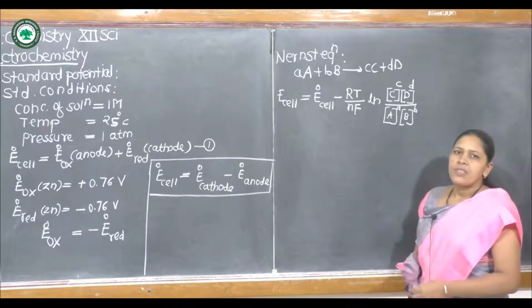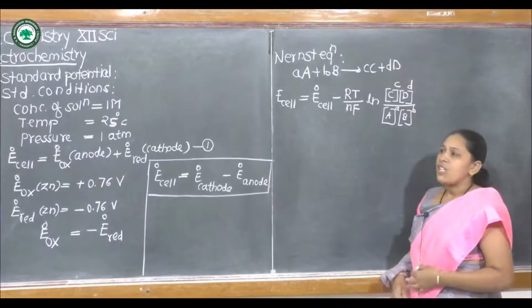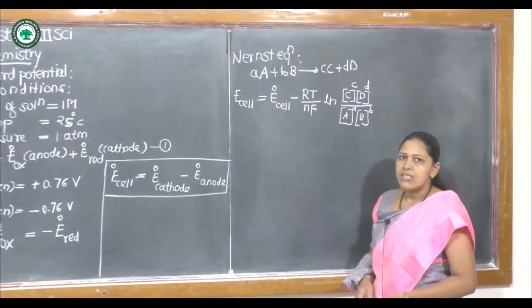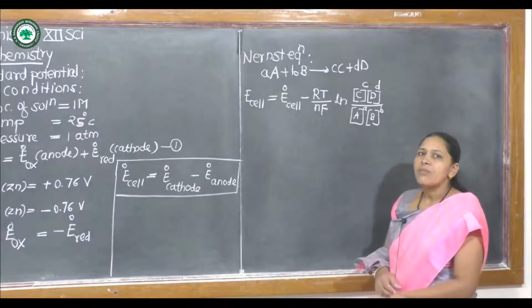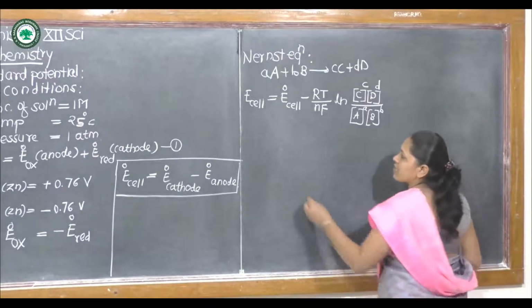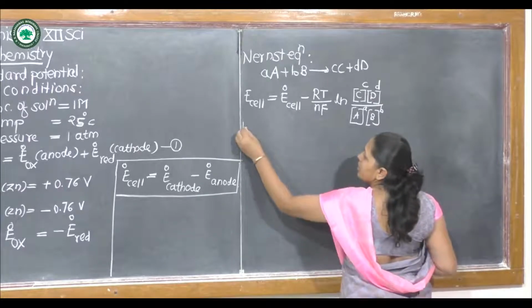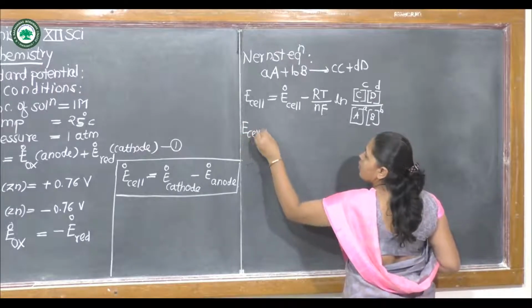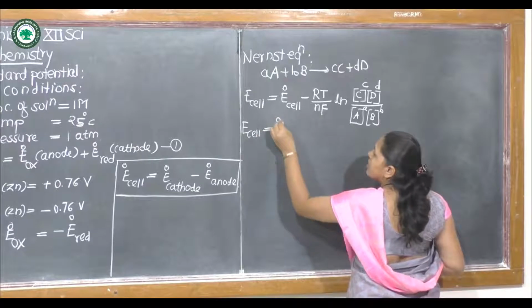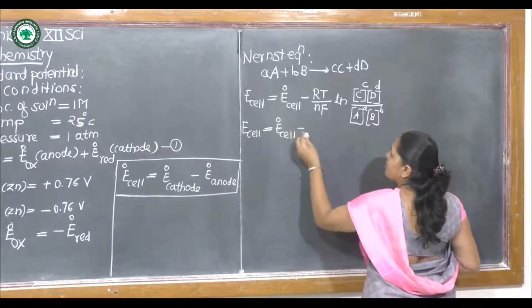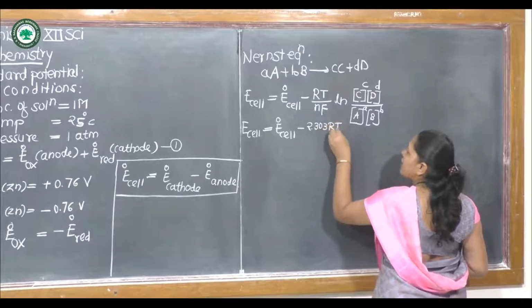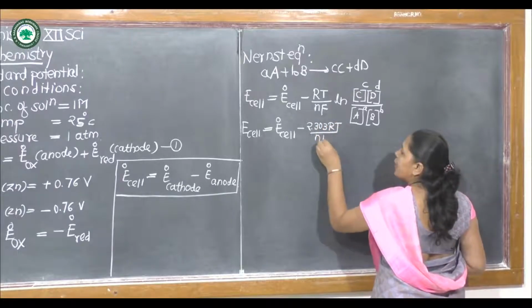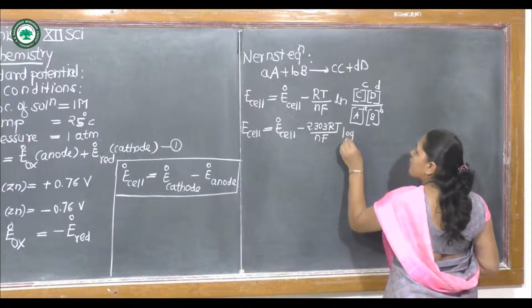If the natural log, that is ln, is converted into log to the base 10 by multiplying by 2.303, therefore E cell is equal to E0 cell minus 2.303 RT by nF log to the base 10.